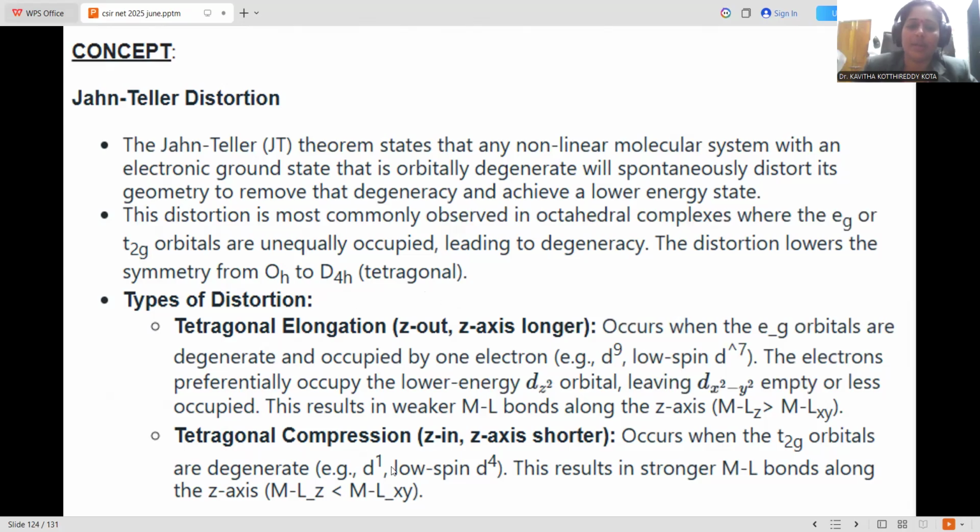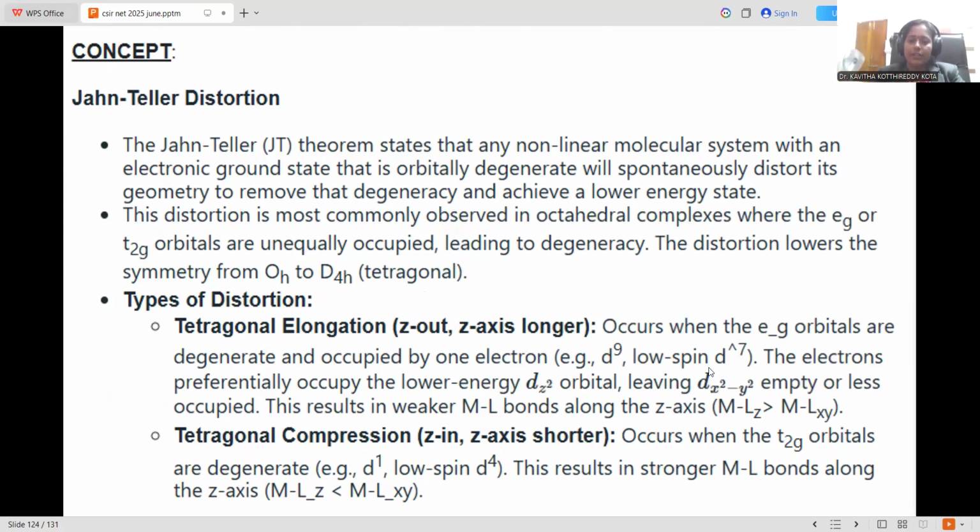Octahedral to D4h tetragonal distortions are possible. If you want tetragonal elongation, the z axis becomes longer: the z-axis orbital electrons get elevated and their bond distances get longer.